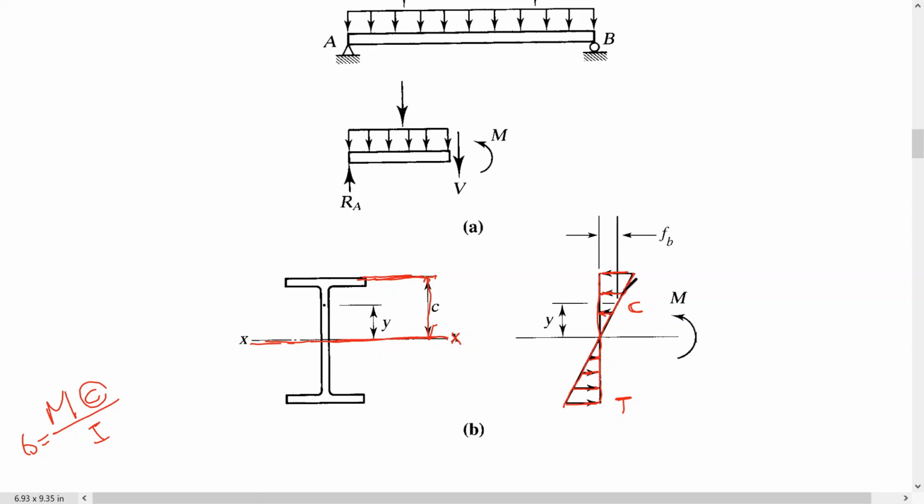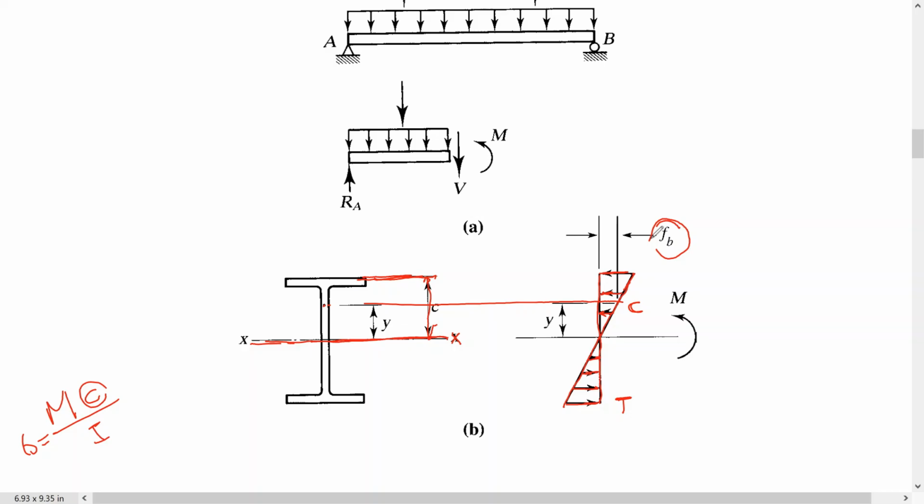At point Y from the neutral axis, the stress is equal to F sub B. If we keep increasing the load, we will get to the point where the yield stress starts, and it will keep going until we have a plastic hinge.